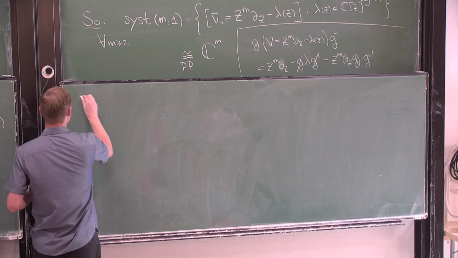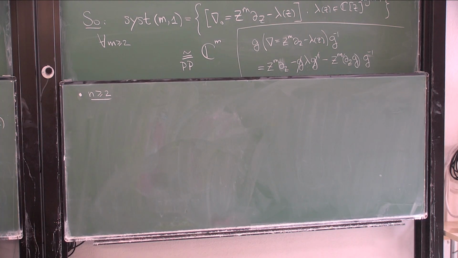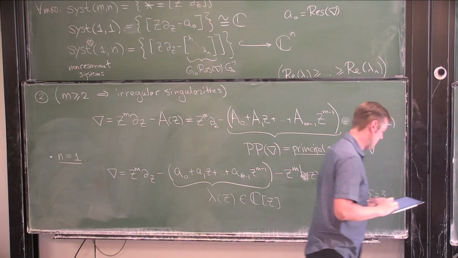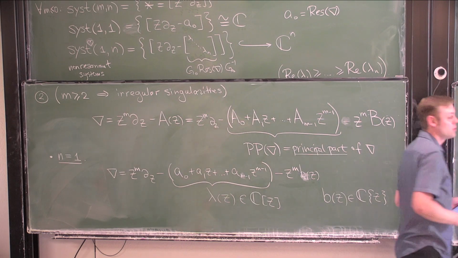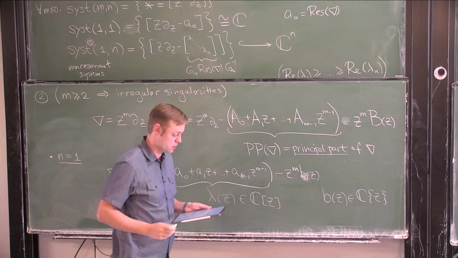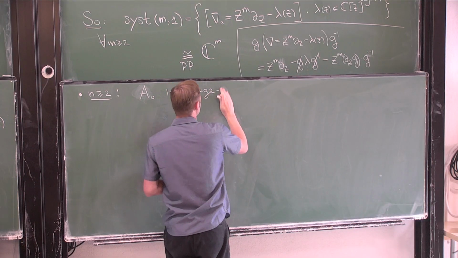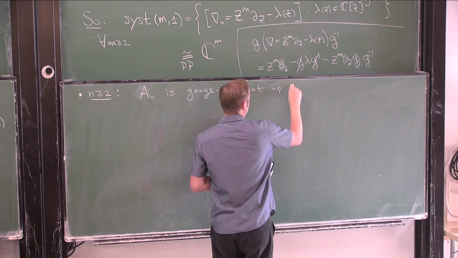Okay, so let's think about the general case. The observation here is that, just like we saw for m equal to 1, the leading order part, A0, is gauge invariant up to conjugation.